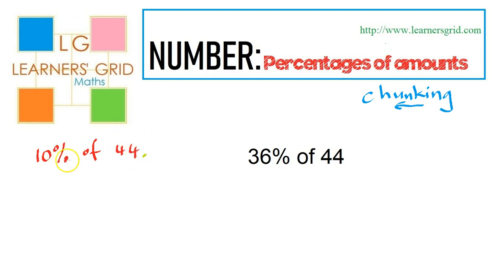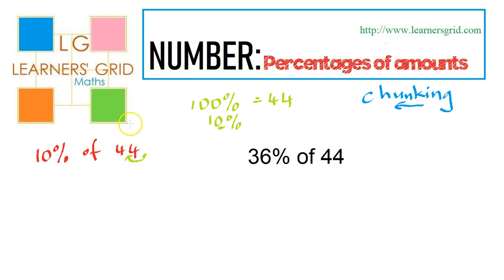And for 10%, I need to divide 44 by 10, because 100% equals 44. I don't need 100%, I need 10%. So I've divided 100 by 10, and I need to divide 44 by 10. That means the decimal point gets moved back one space to the left, because there's one 0 in 10.